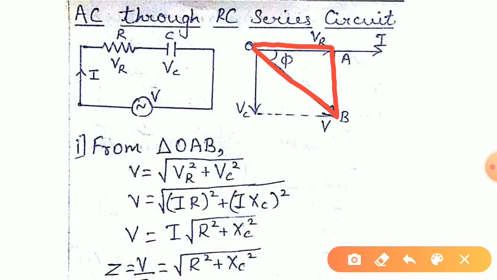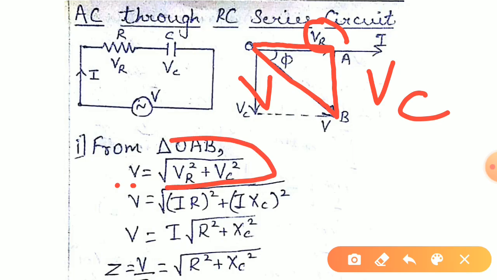We will apply the Pythagoras theorem, that is hypotenuse square is equal to height square plus base square. So we have hypotenuse here as V, height is VC, and base is VR. V square is equal to VR square plus VC square.